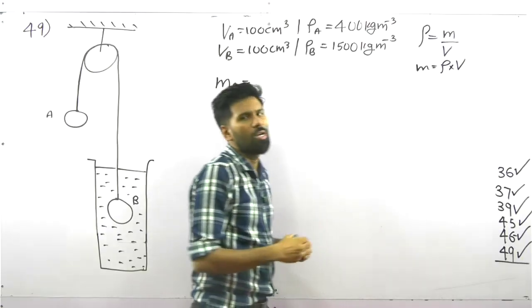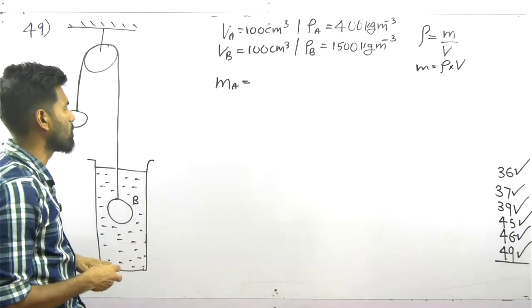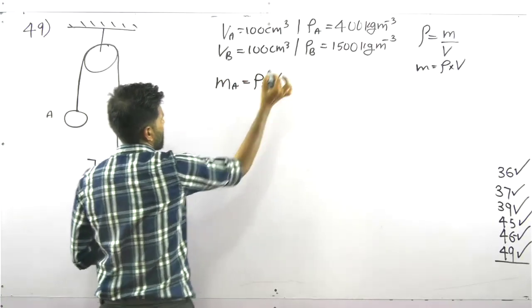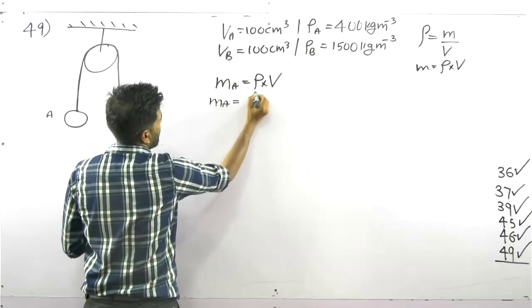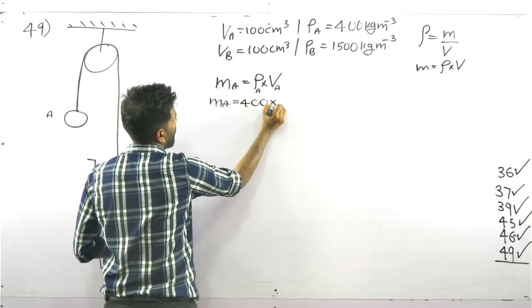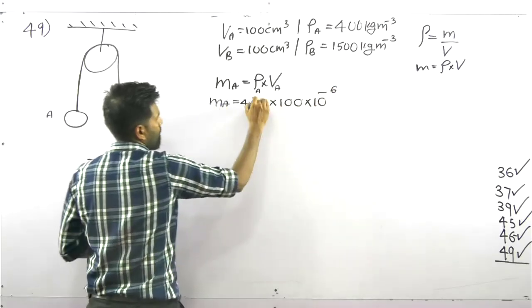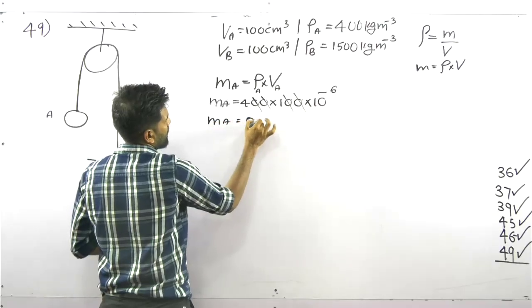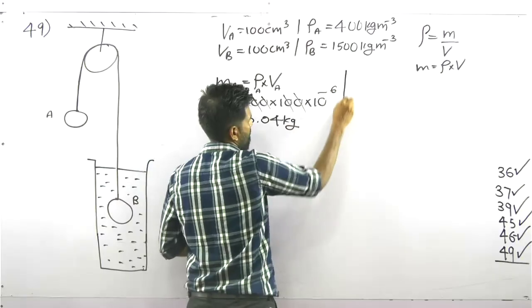Mass of A is the density of A, 400, times the volume of A, 100 times 10 to the power minus 6. That gives 0.04 kilograms, the mass of A.